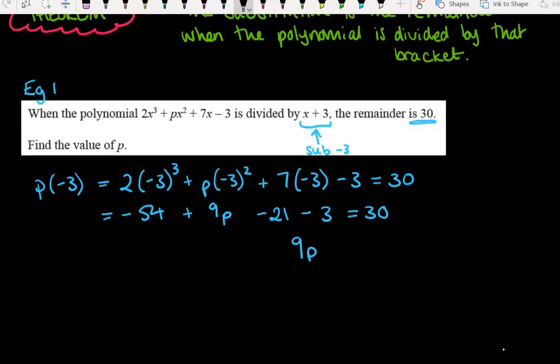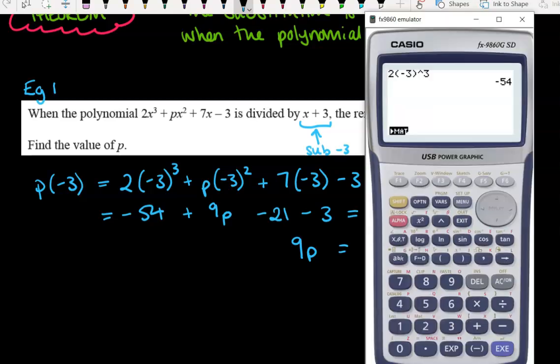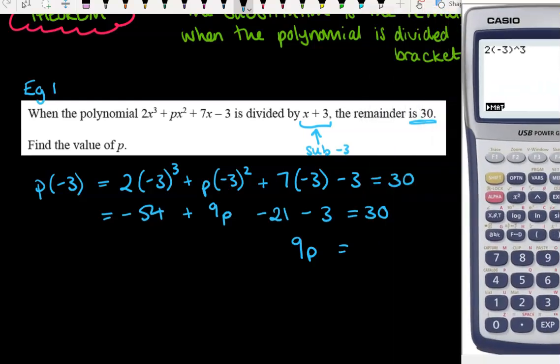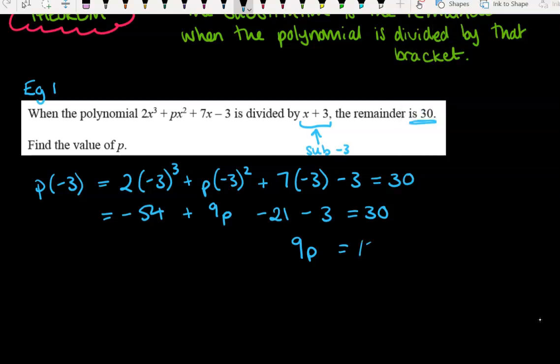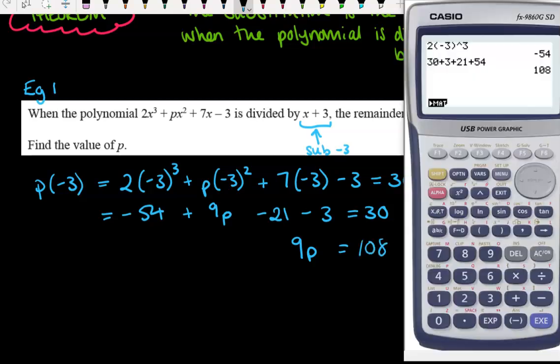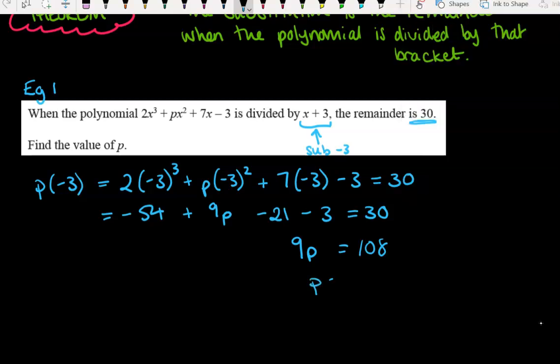So now 9p will be, let's do some rearranging here, 30 plus 3 plus 21 and then plus 54. There's 108. And then if we divide that by 9, we've got the answer that p is 12. And we've answered that question.